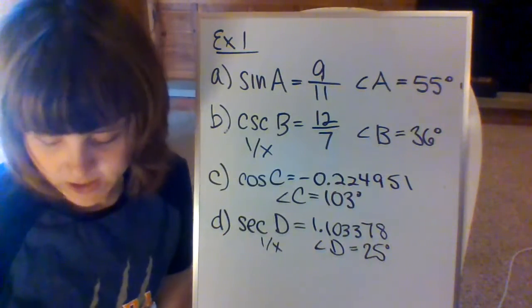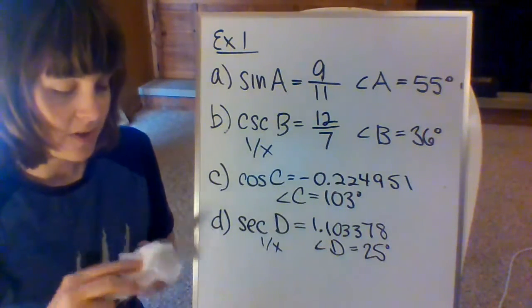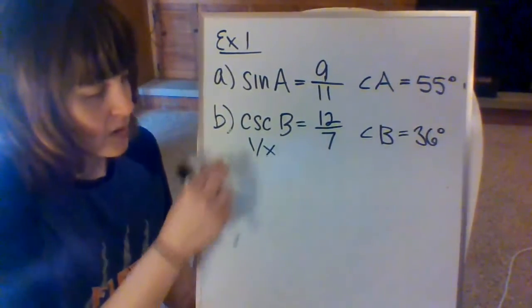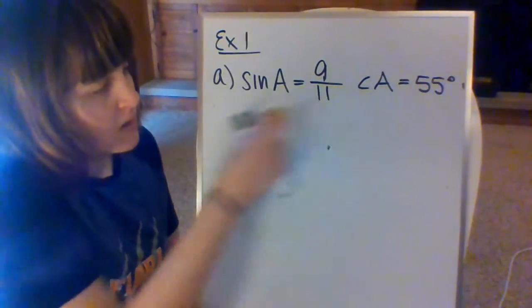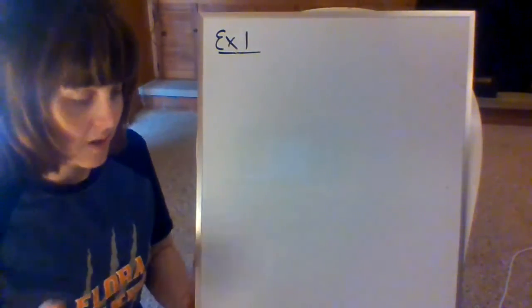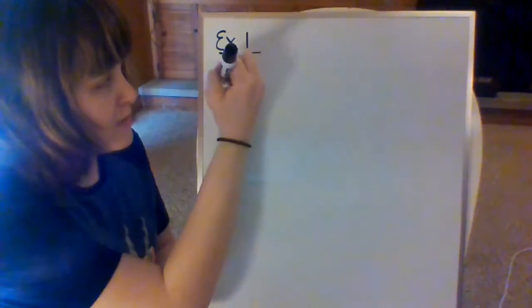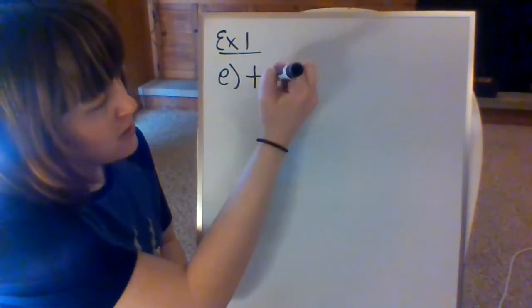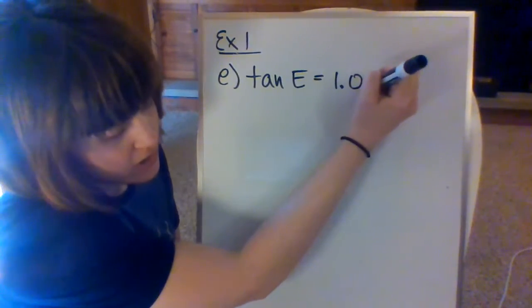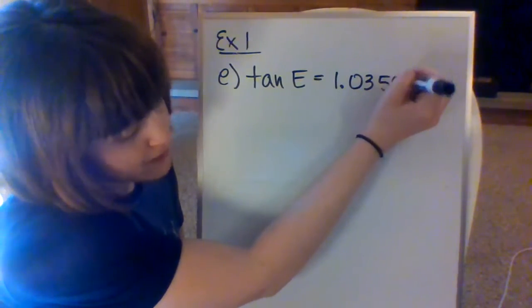We have 2 more parts to example 1. Alright, next up we have tangent of angle E equals 1.0355530.